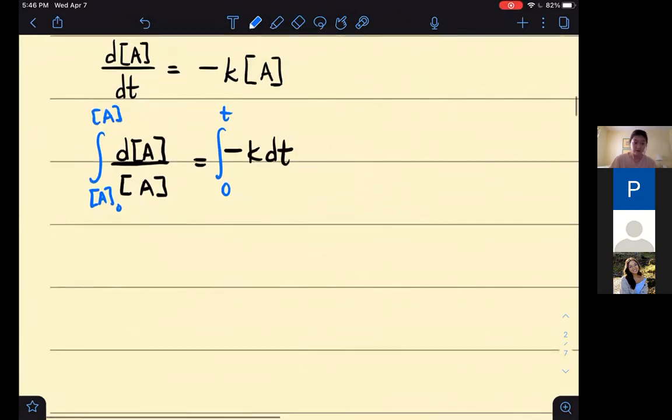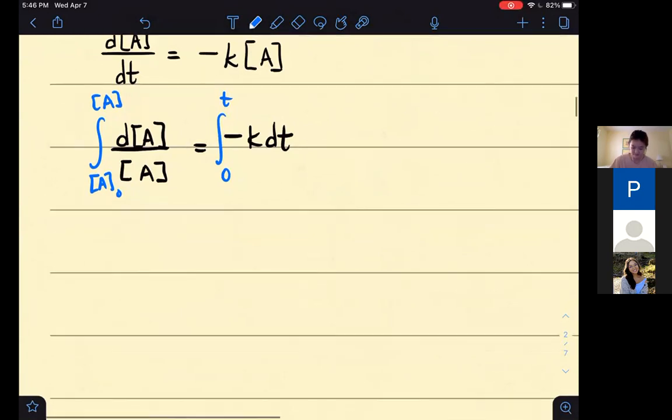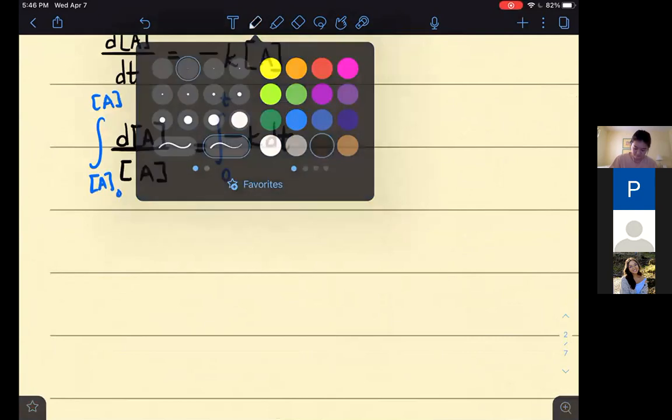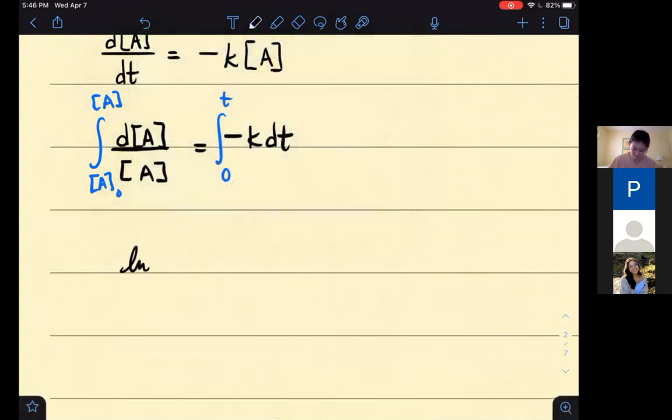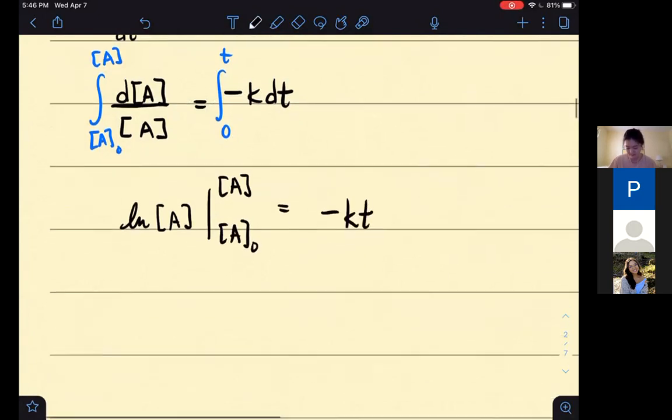And the integral of 1 over x, I believe, is log of x. So log of A from A0 to A, and then again, minus kt.